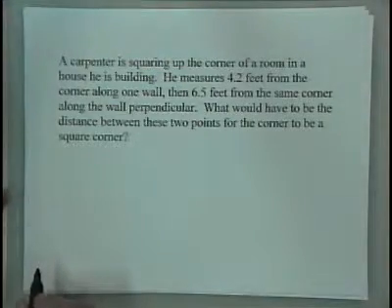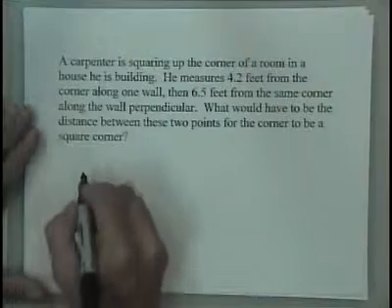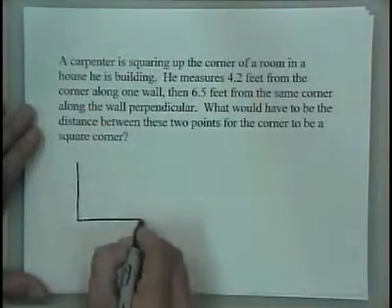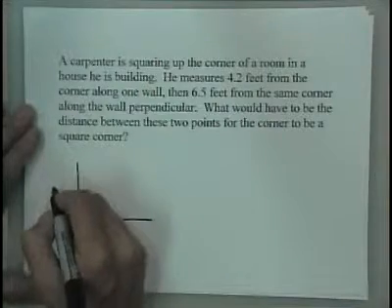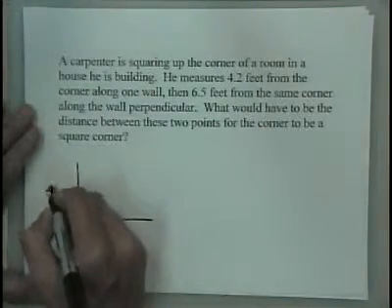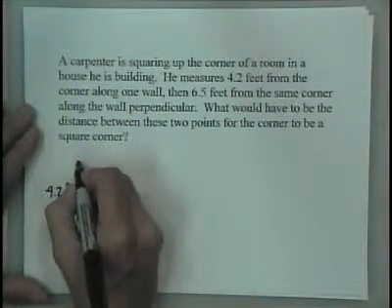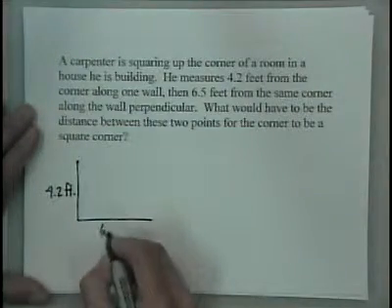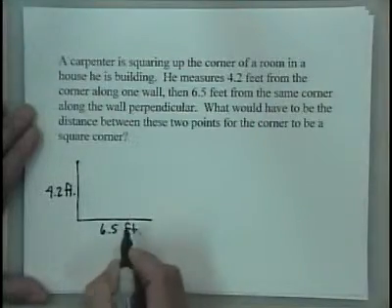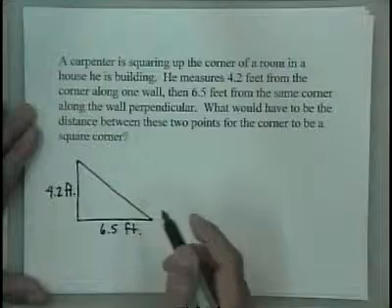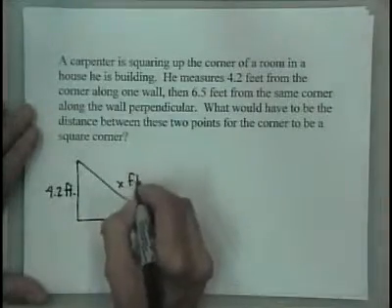Well, again, a picture is helpful here. It gets us started on what we need to do to solve. So let's draw the corner of a room and say that the carpenter measures 4.2 feet in one direction from the corner and 6.5 feet perpendicular to that along the corner. And the question is, what's this distance?